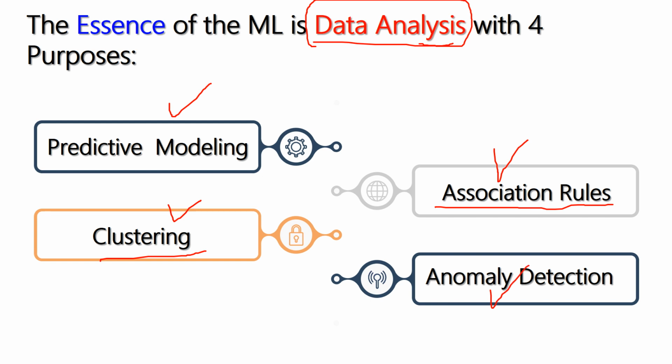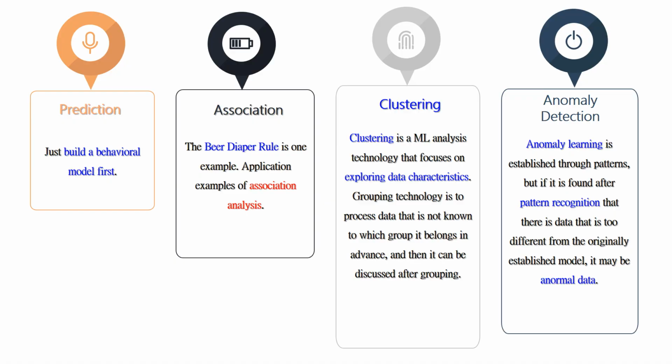Anomaly means not normal, okay? Sometimes you call some person abnormal, that means he or she has some kind of psychological problems, okay?